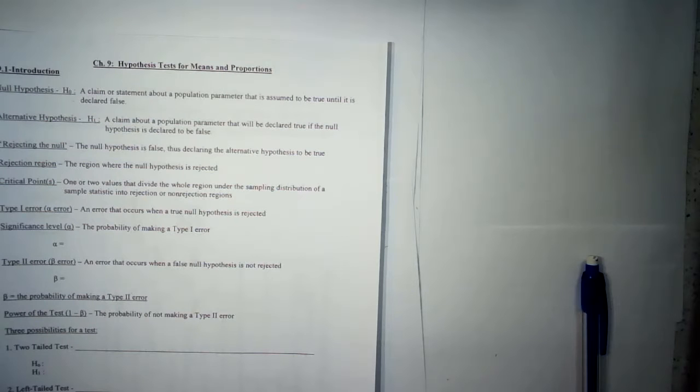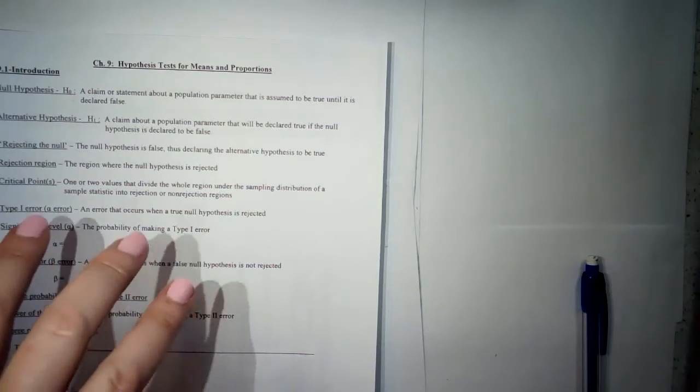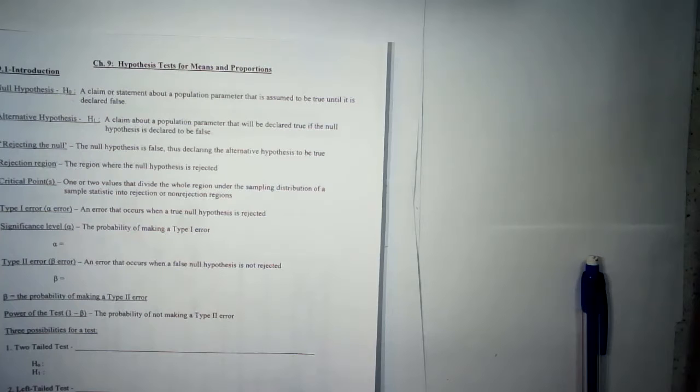But now with hypothesis testing for each of those 3 scenarios, there's 2 ways to approach a hypothesis test: the critical value approach and the p-value approach. So 2 different ways for each scenario. That leaves us with 6 possibilities, which is why I like to give you the cheat sheet to use. We'll get to this in a minute, but let's start from the beginning.